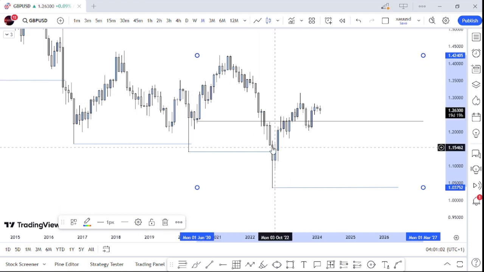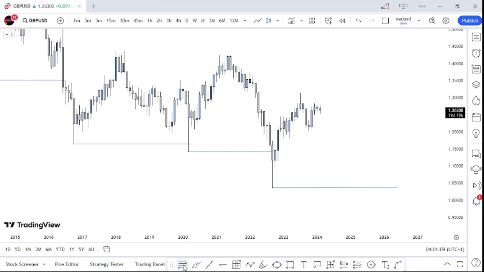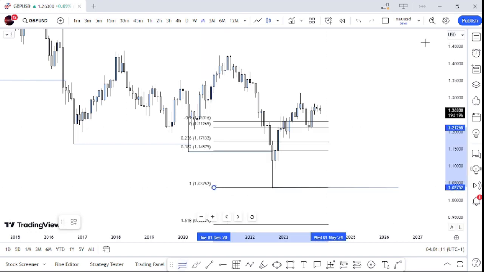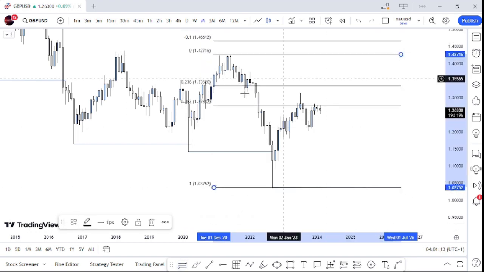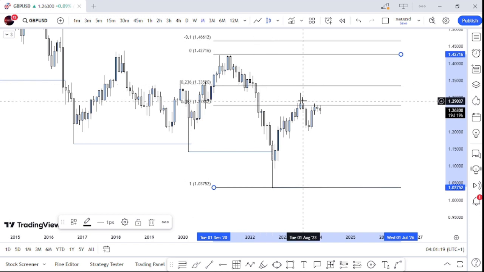If it's bearish and we're having a bullish retracement, it should come at least above the 50%. Using the Fibonacci, we've got the 0.382 level mitigated, but the 0.236 level is unmitigated. So I started giving reactions here.